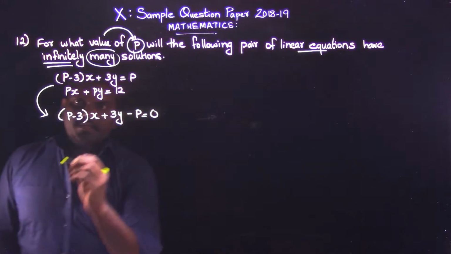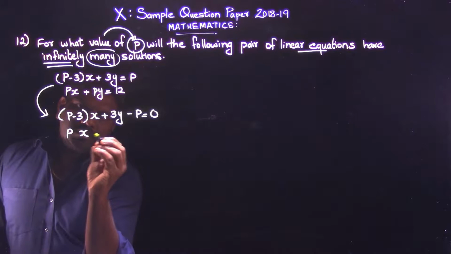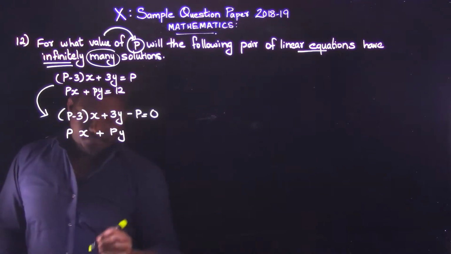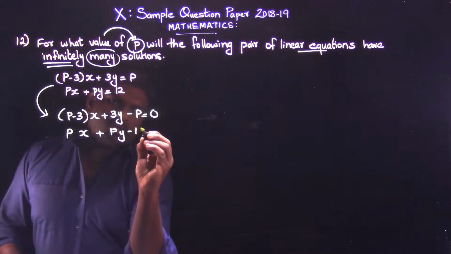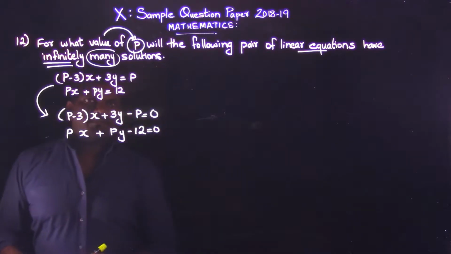Fine. And the second equation I'm rewriting as px plus py, I think, yeah, it's the same thing, minus 12 is equal to 0.